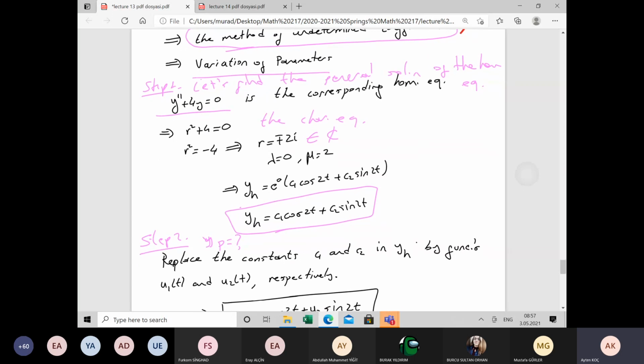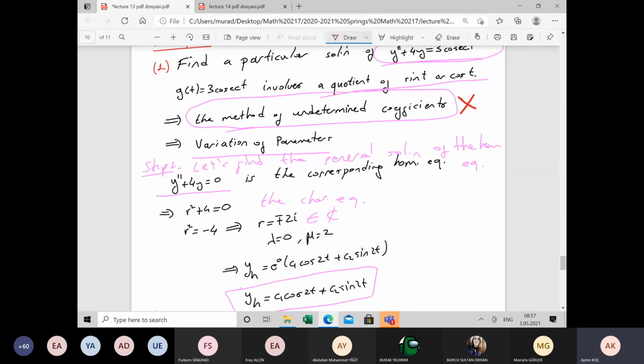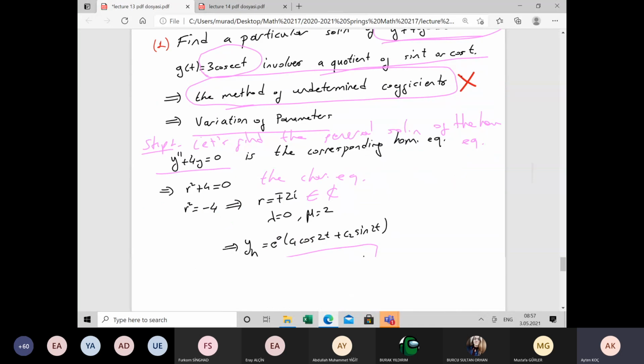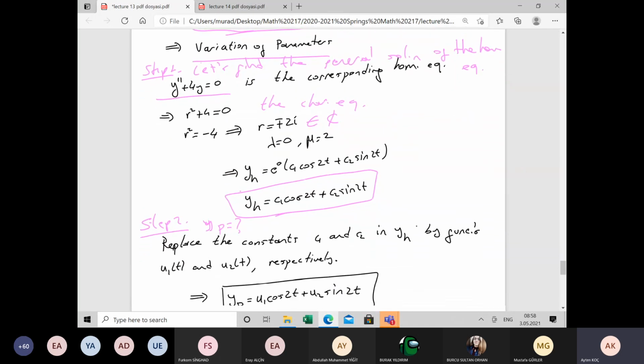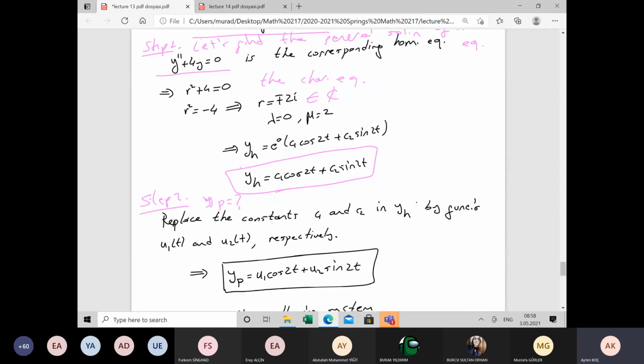How to find the particular solution? Write our differential equation as this one, with the right hand side this one. So you have to use variation of parameters. How to write the particular solution? We claim that under this one.